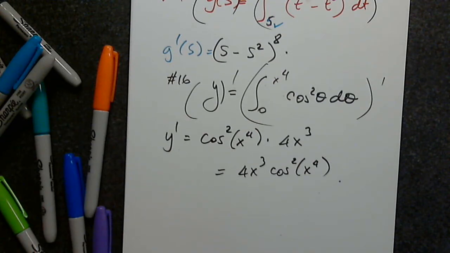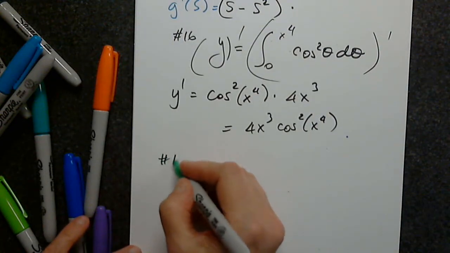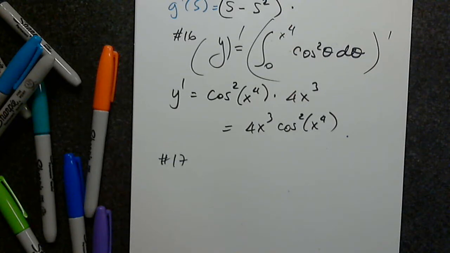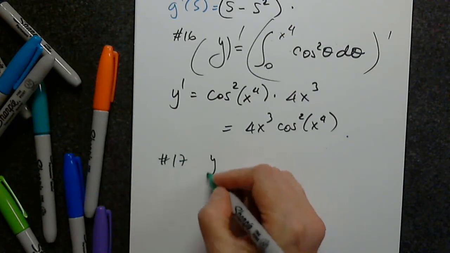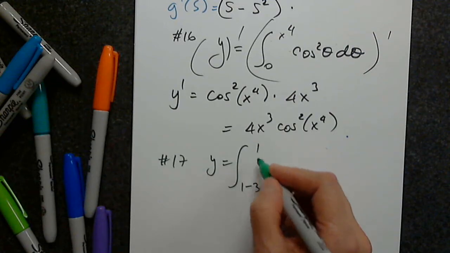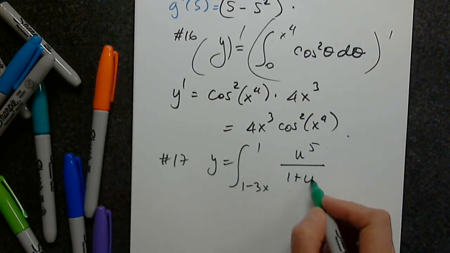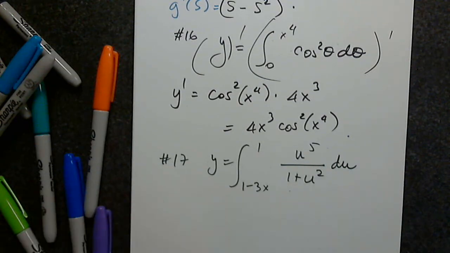What about 17? So now you know how to differentiate an integral or a function that is an integral. So the integral from 1 minus 3x to 1 from u to the 5th over 1 plus u squared du.